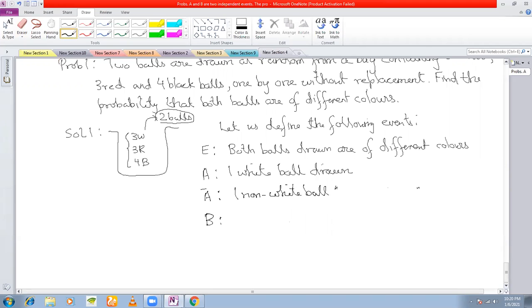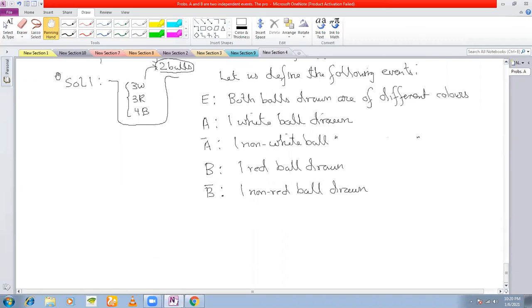If I define the event B as one red ball drawn, then B bar will be one non-red ball drawn. If I define the event C as one black ball drawn, then C bar will be one non-black ball drawn, right?